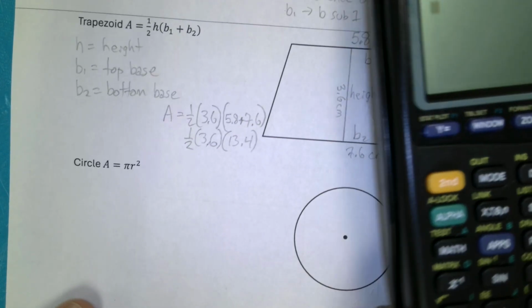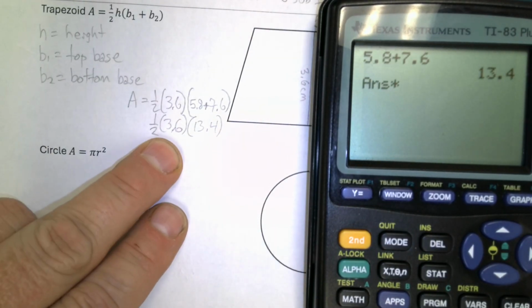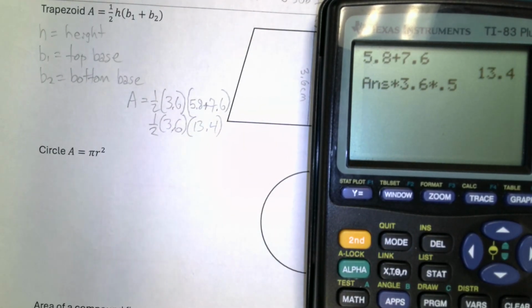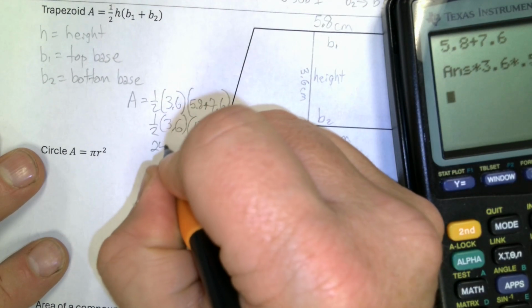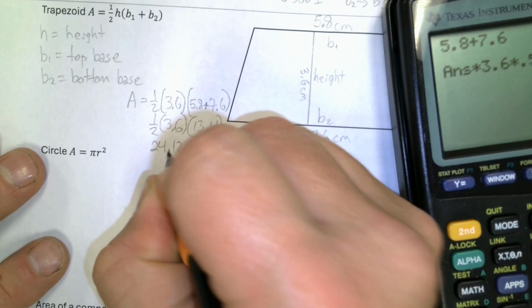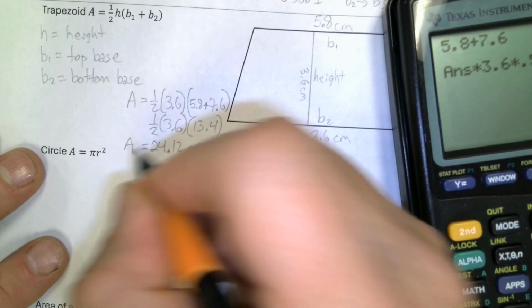And the only thing left to do is all multiplication. So we can take our 13.4 times our 3.6 times our 1/2, which I'm just going to put a 0.5 in, and we'll get a 24.12. And that is going to be centimeters squared, because that is area.